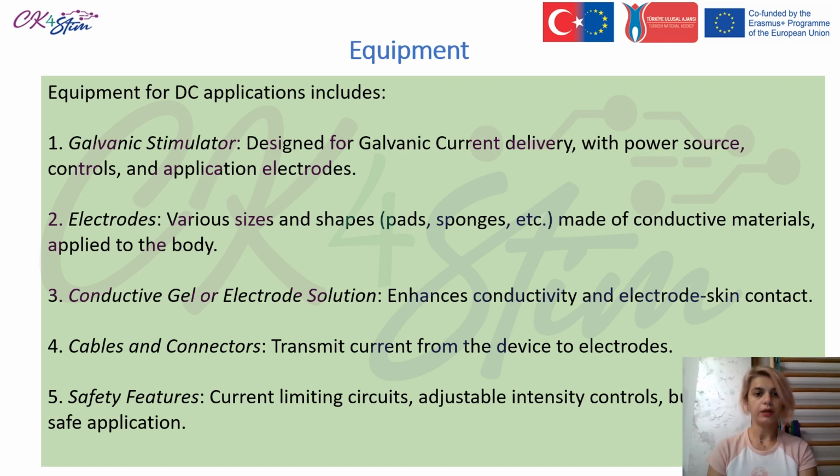Conductive gel or electrode solutions are used for enhancing the conductivity and electrode-skin contact management. Cables and connectors transmit current from the device to the electrodes. For the safety features that we all need, there are current limiting circuits, adjustable intensity controls, and built-in timers for safe application.